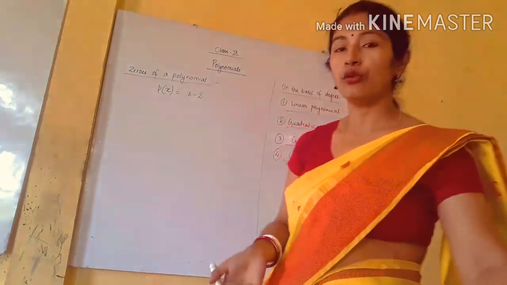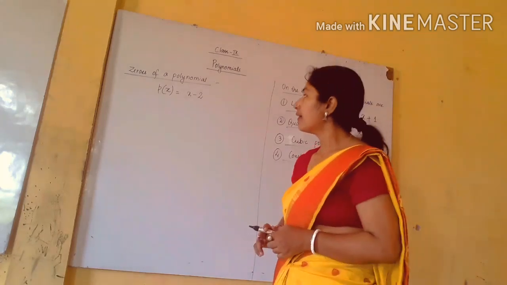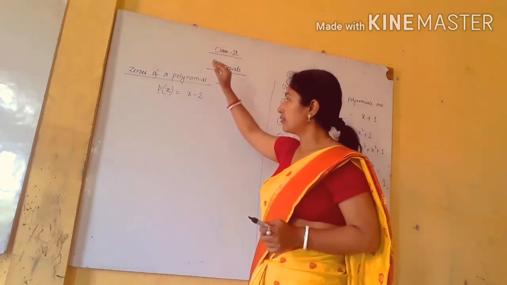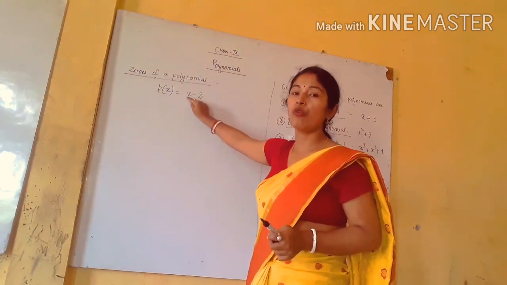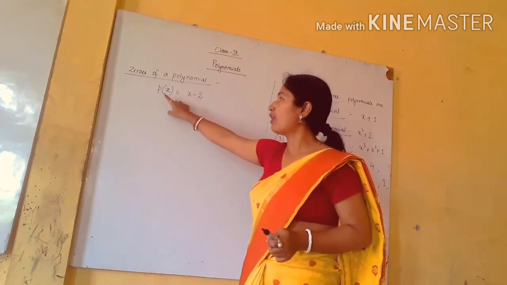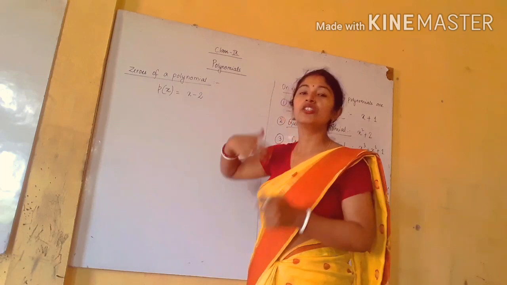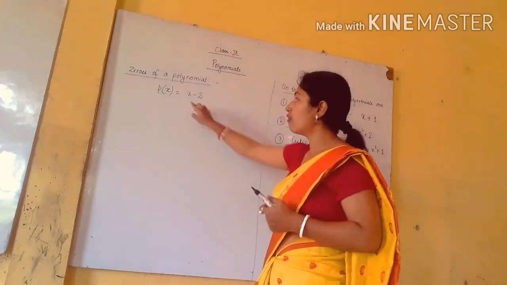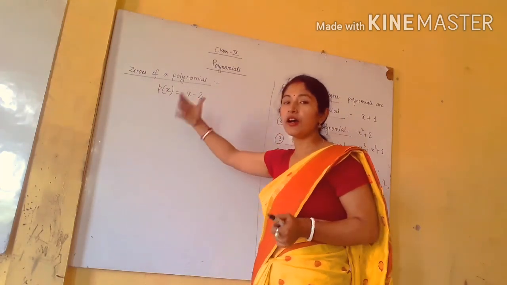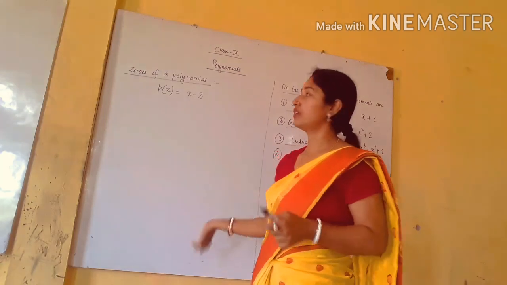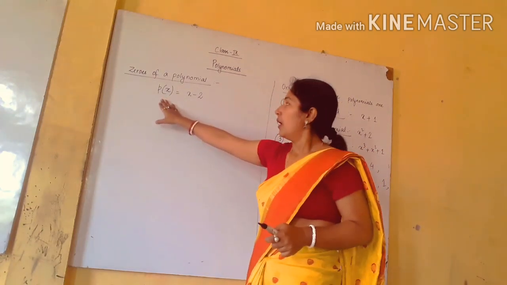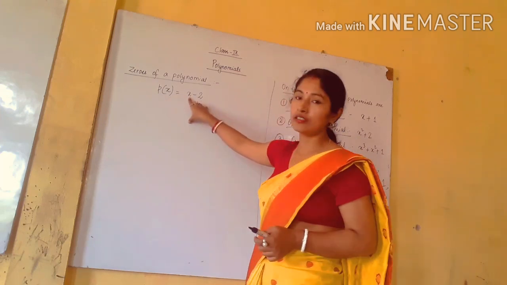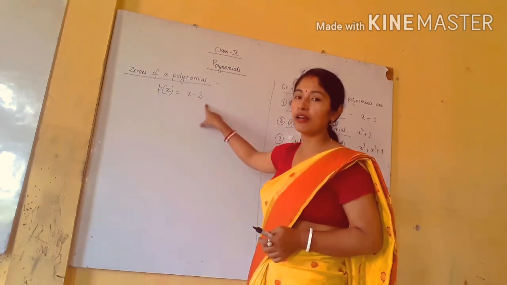So what are zeros? Here you have to see at what value of x the value of p of x becomes 0. At what value of x the p of x becomes 0, that is called the zero of this polynomial p of x. Here when we put x is equal to 2, the answer becomes 0.